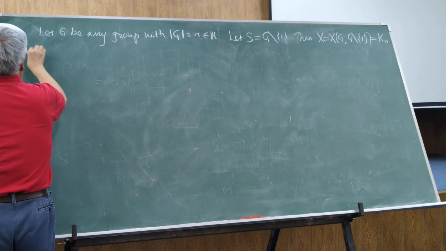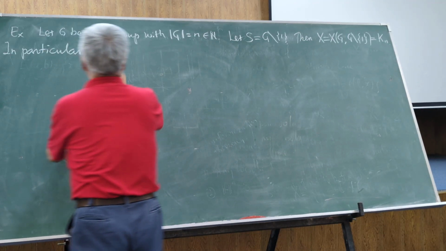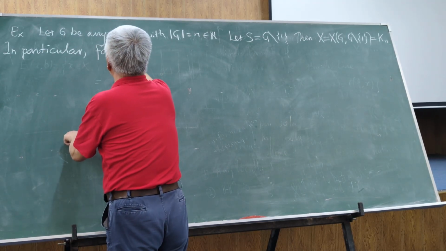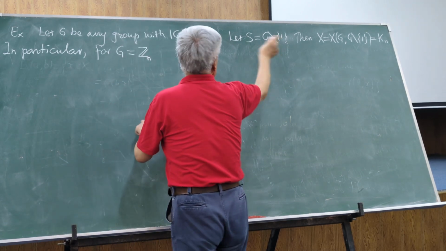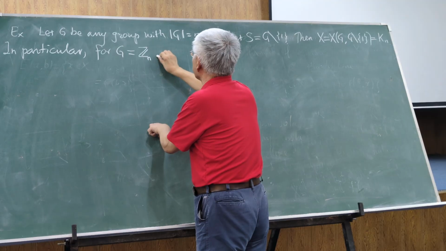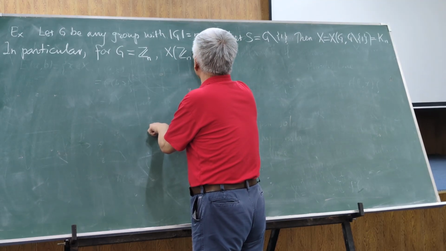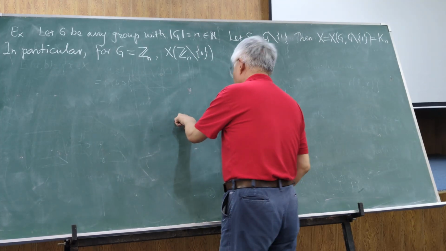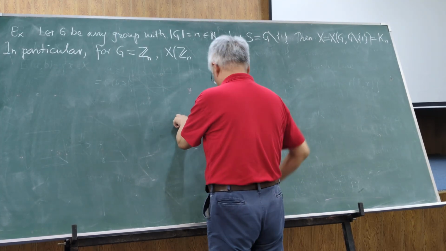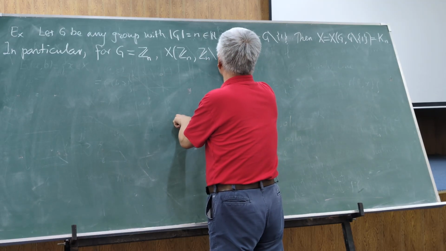In particular, for G equal to the cyclic group, we have the same graph. Take away 0, in additive notation. So S equals G minus {0}.